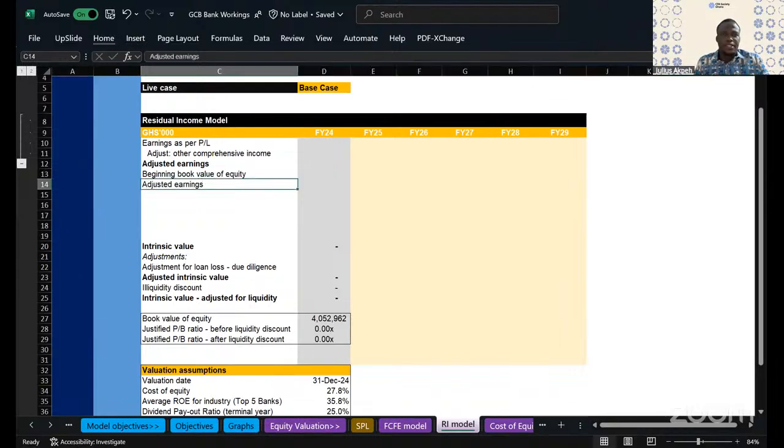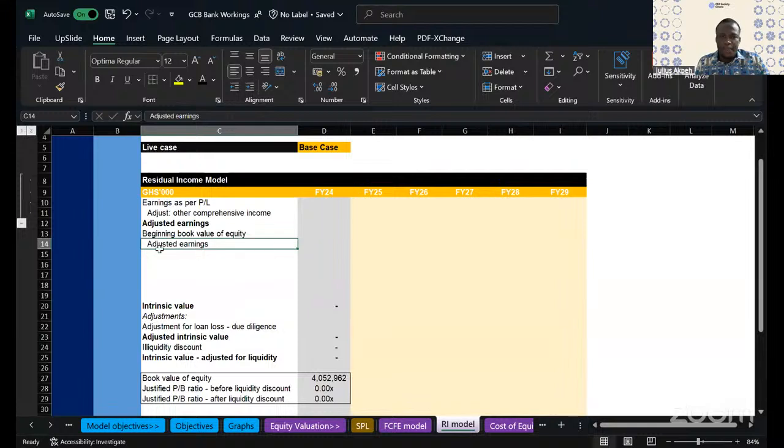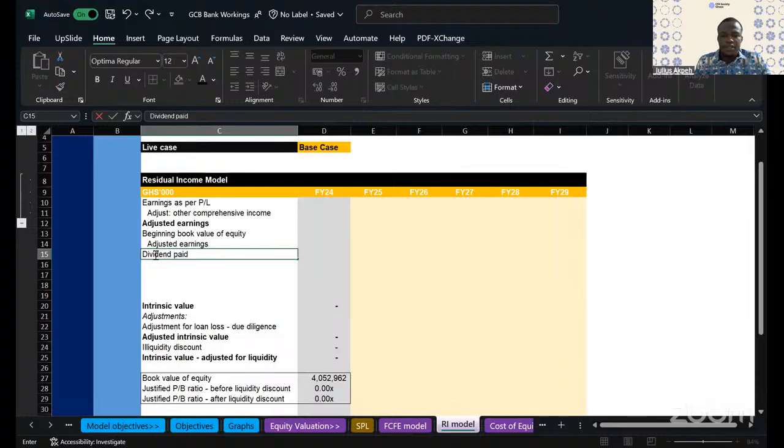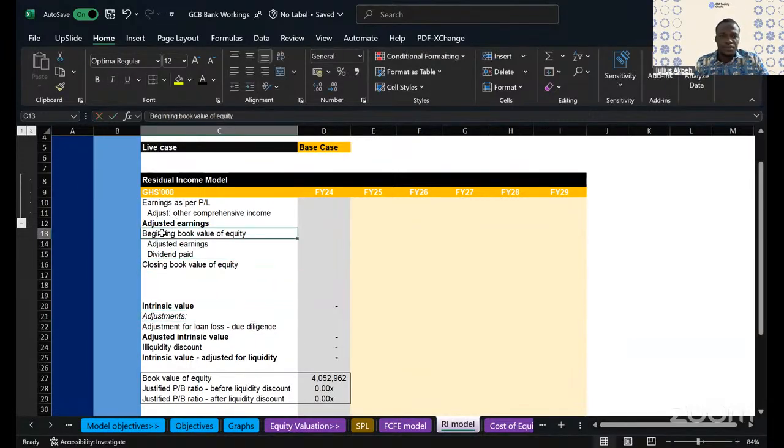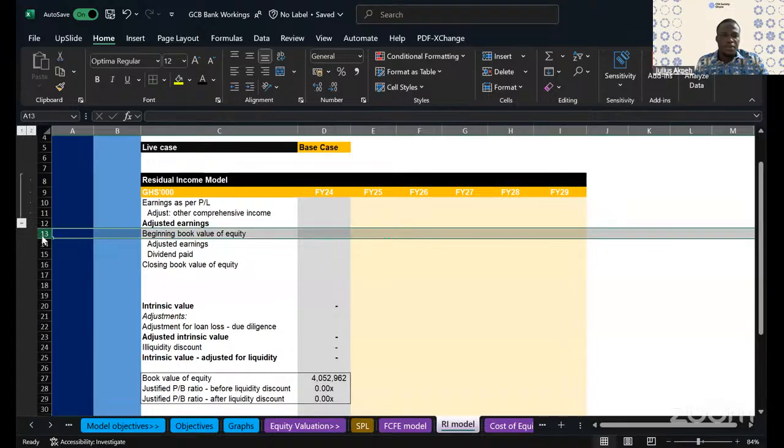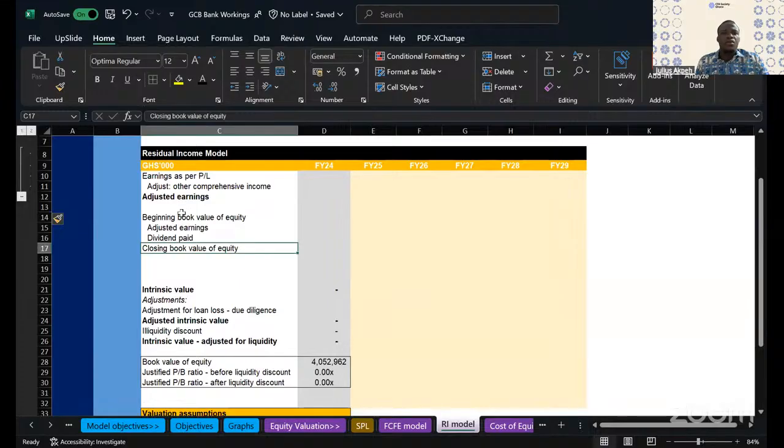So I'll indent it. Then I have dividend paid. That will also be indented. Then we have closing book value of equity. Good. So maybe let me bring this a step down. Closing book value of equity. So we will have this.